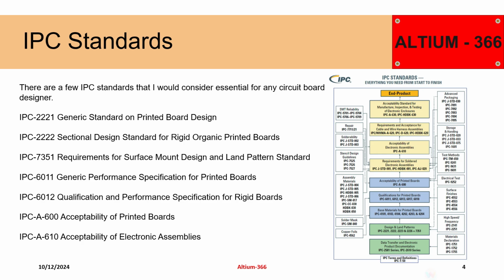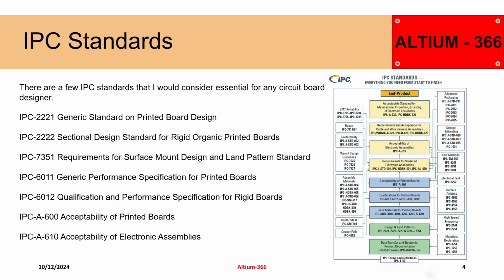There are also a lot of other IPC standards for PCB production and for assembly material, stencils, soldering, solder mask, copper foil, packaging, storage, test methods, and so on. You can have a look here. On the left side are the PCB specifications which should be known by every electronic engineer.